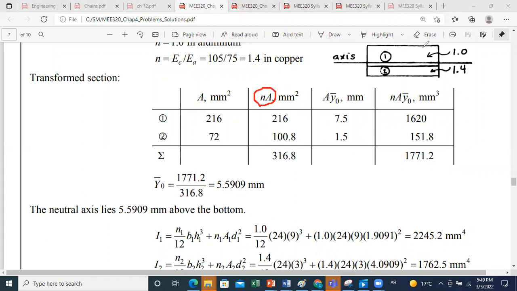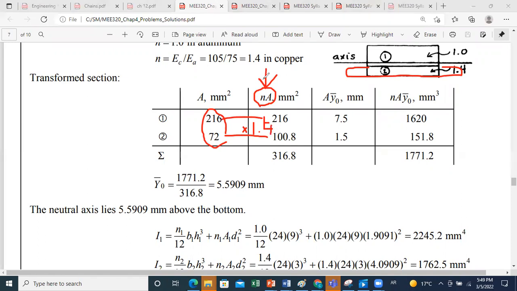From the beginning, you can say I will multiply this dimension by n, or if you want, you can calculate the original area and then make a column for n times a. For aluminum, it will remain as it is. For copper, you will multiply by 1.4, which is the ratio of modulus of elasticity of copper over modulus of elasticity of aluminum.